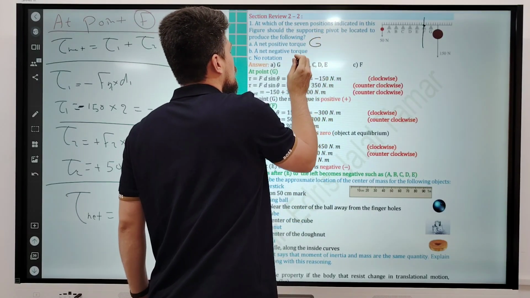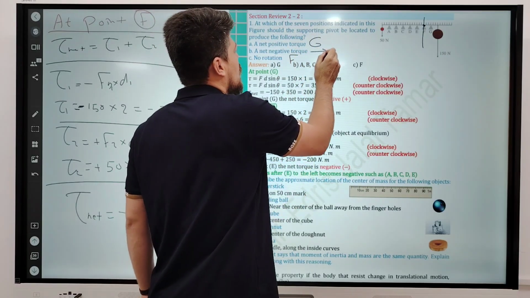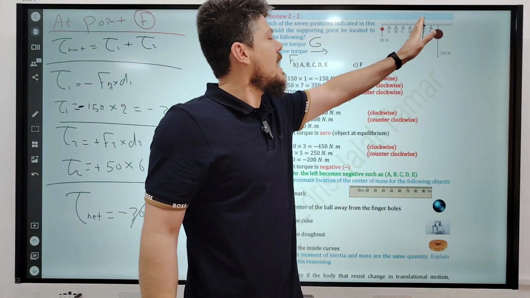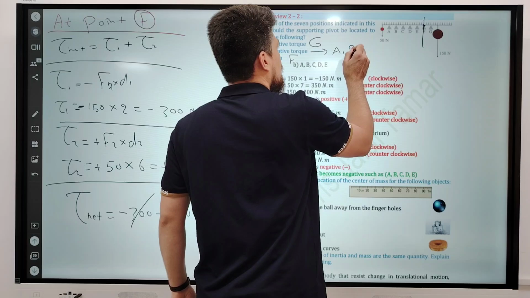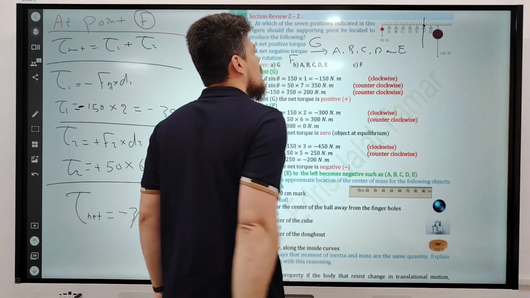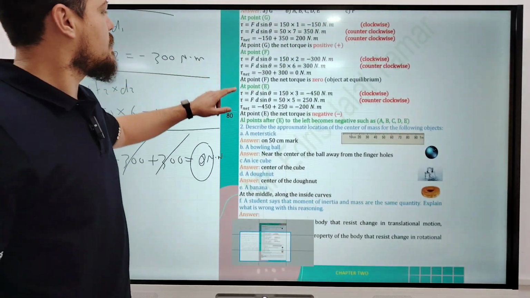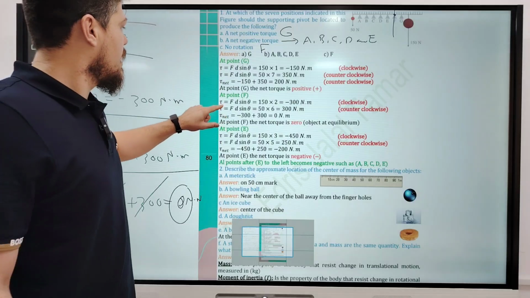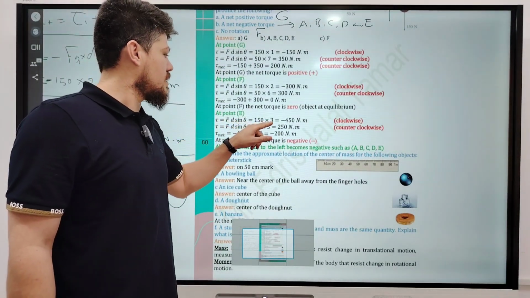Point G. Which point has no rotation? Point F. So what about the net negative torque? If F is 0, G is positive, the other points, all of them become negative. So A, B, C, D, and E has net negative torque. Okay? For example, at point E, I solved with all of them. At point E, torque is equal to 150 times 3.